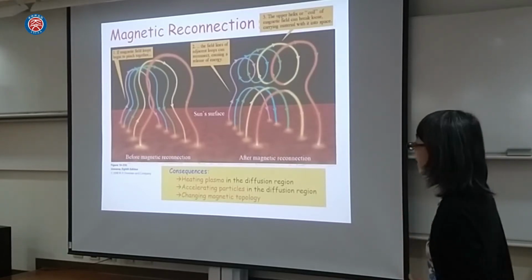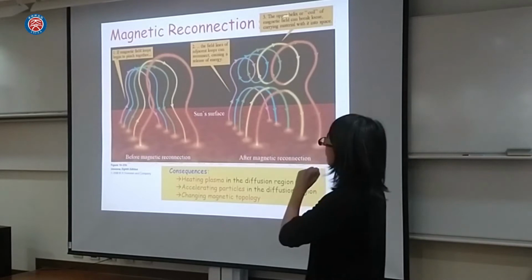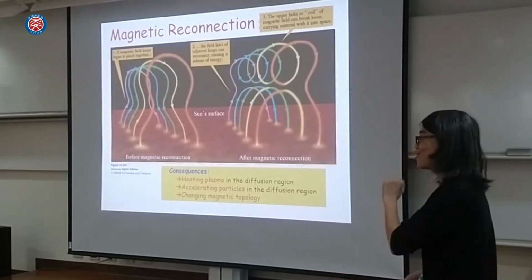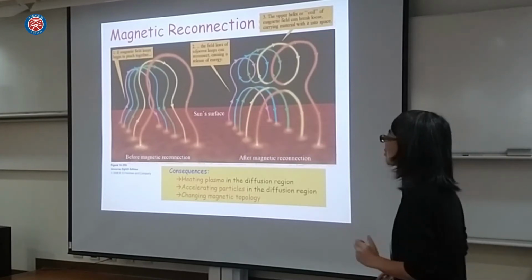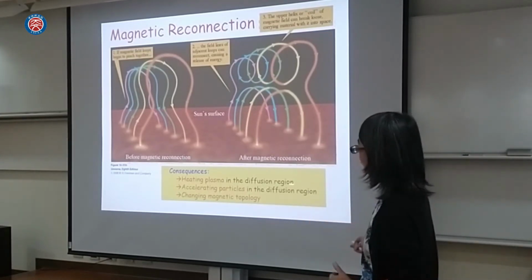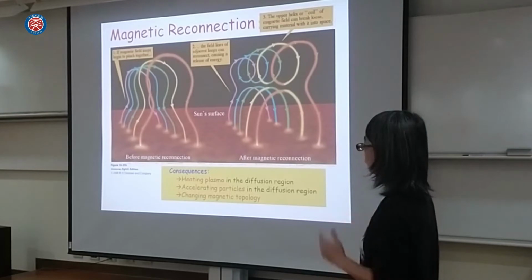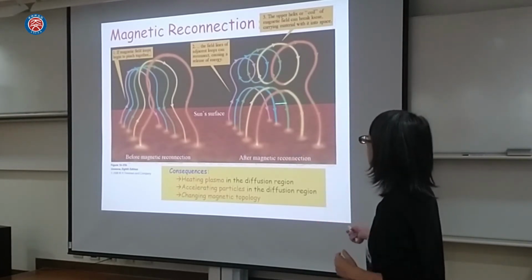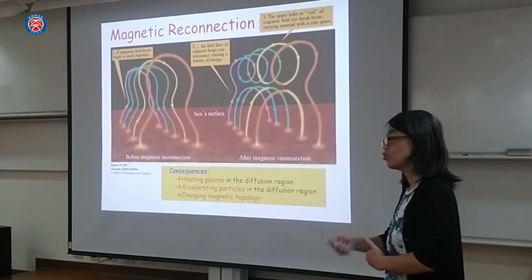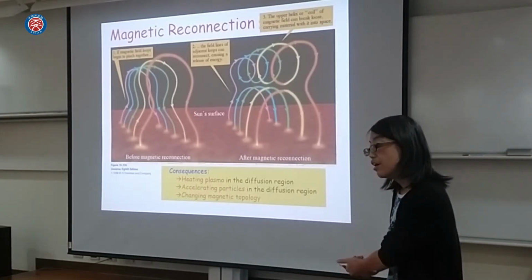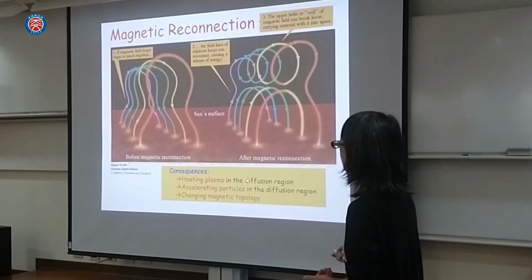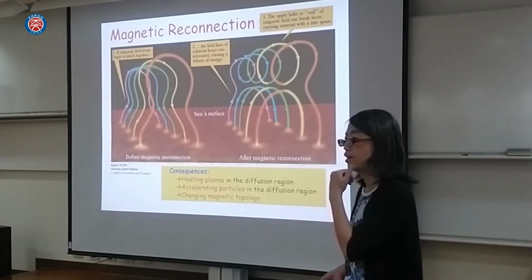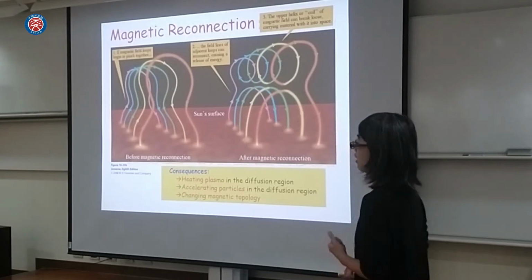I will say the reconnection is a metric in solar physics or in space physics, because through the reconnection the magnetic topology changes, and also after reconnection the magnetic energy will be released, and then the plasma will get heated, and the particles will get accelerated.